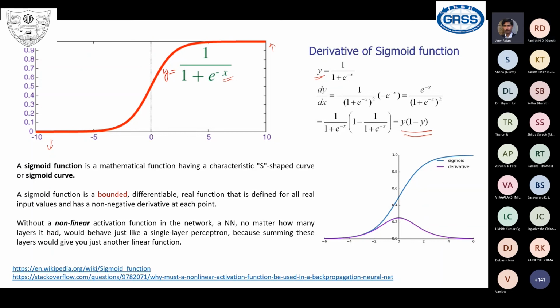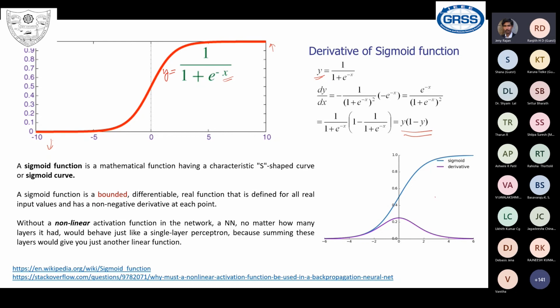In that case, the output will always be between 0 and 1. There you can set a threshold of 0.5. If the value is above 0.5, we can map it to class 1. If the value is below 0.5, we can map it to the other class, the 0 class, right? So this is the advantage of a bounded function. Sigmoid is bounded, the value is always between 0 and 1, and sigmoid is differentiable.